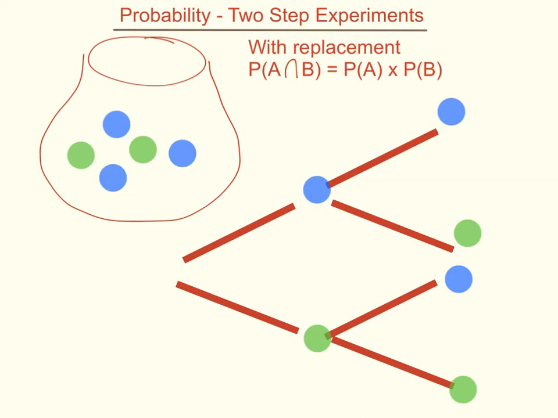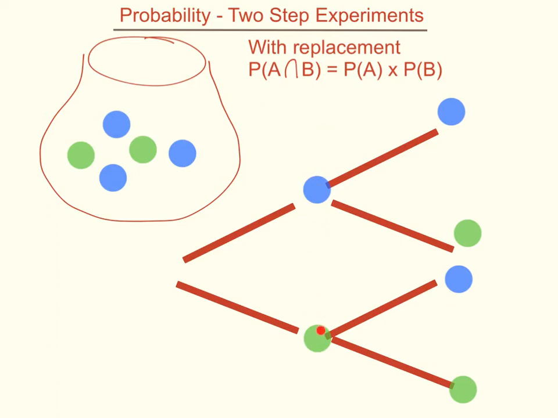So let's have a look at calculating some probabilities when I take these beads out of this bag and replace them each time I take one out. So first of all, what I'm going to do is use this tree diagram. It's called a tree diagram because it has branches like a tree that's spread out. The first branching is showing my first event, taking the first bead out of the bag.